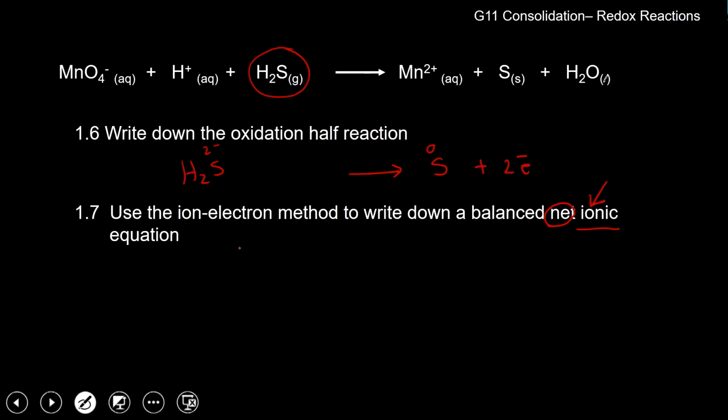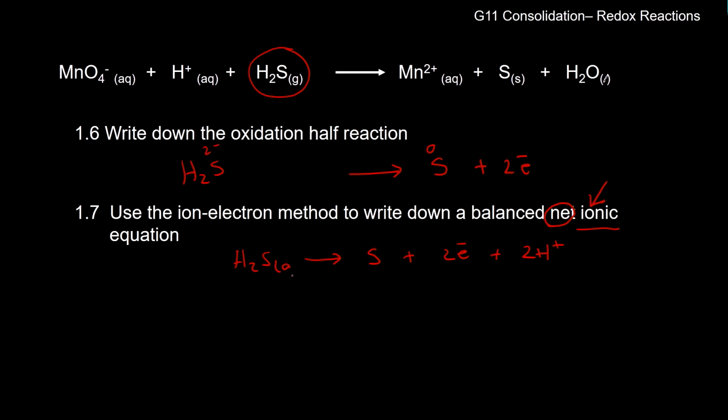Okay, so H2S, hydrogen sulfide, gives sulfur plus 2 electrons plus 2H plus. If you can, you need to try and put in the phases of the components.